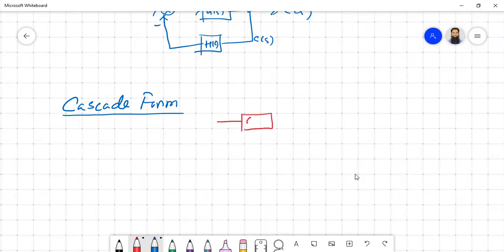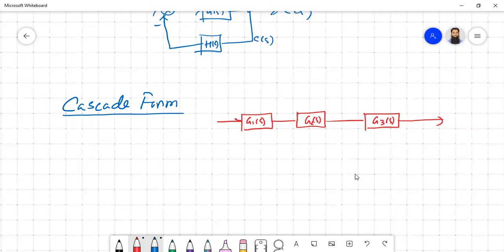Say this is your G1S, then you have G2S, then you have G3S. So a system with something like this. This is your input RS and this is your output CS.